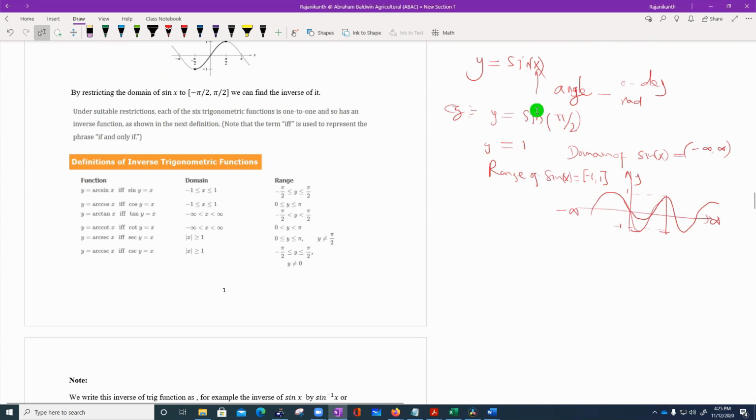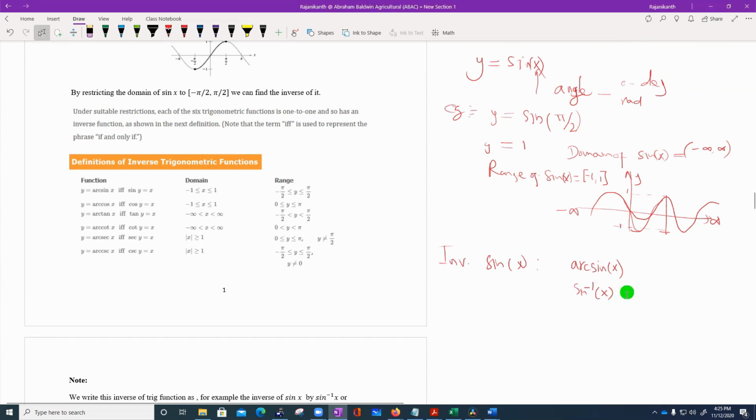But here you are talking about the inverse of the trig function. The inverse of any function, for example sine x, could be written in two different ways. Some books use arcsine. Some books use the power negative 1 for the inverse. So you could use either way.